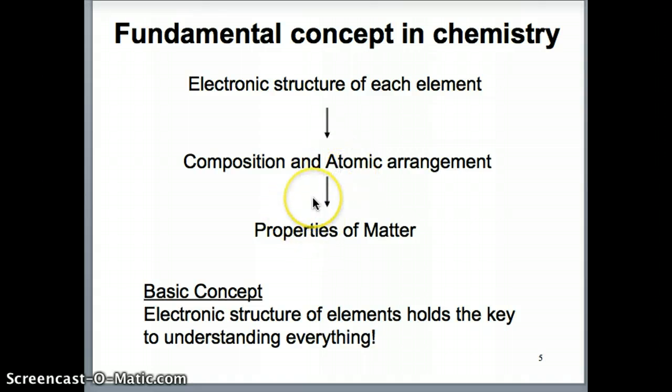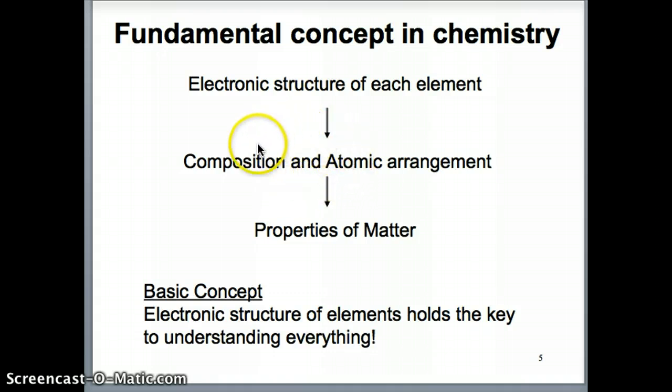The fact that sugar and gasoline burn is due to the fact that they're composed of certain types of molecules, certain types of atoms, and a certain number of atoms. So this is something that you need to really understand about chemistry.